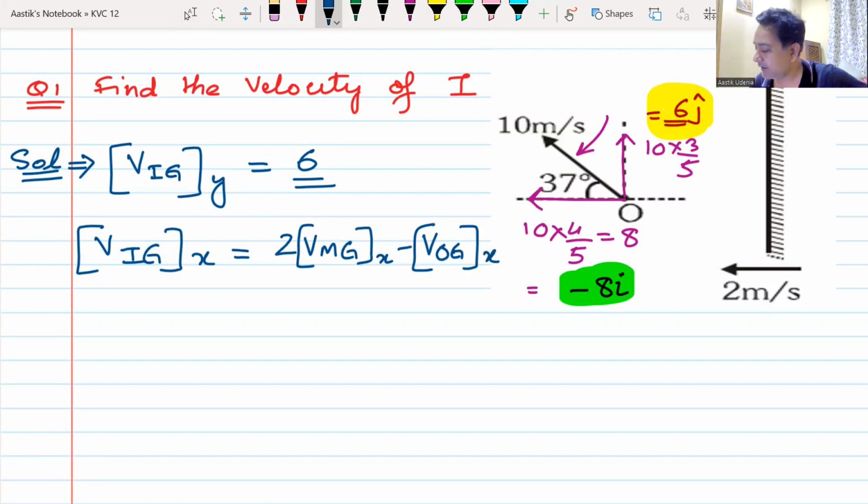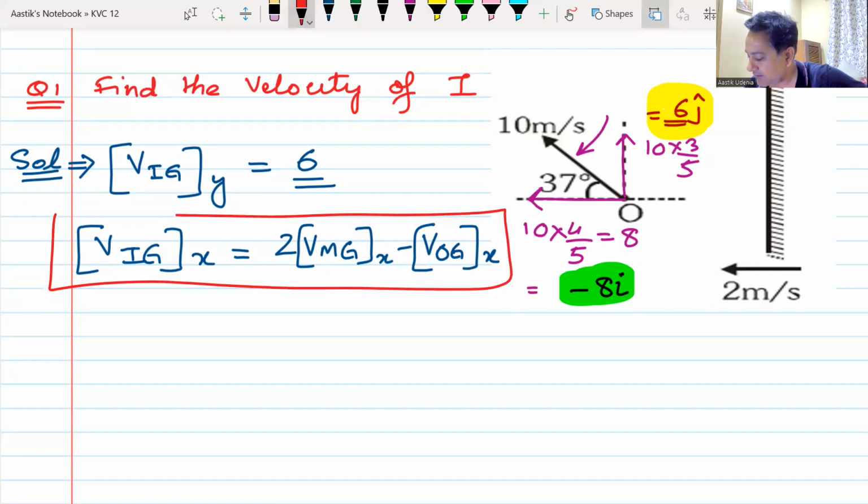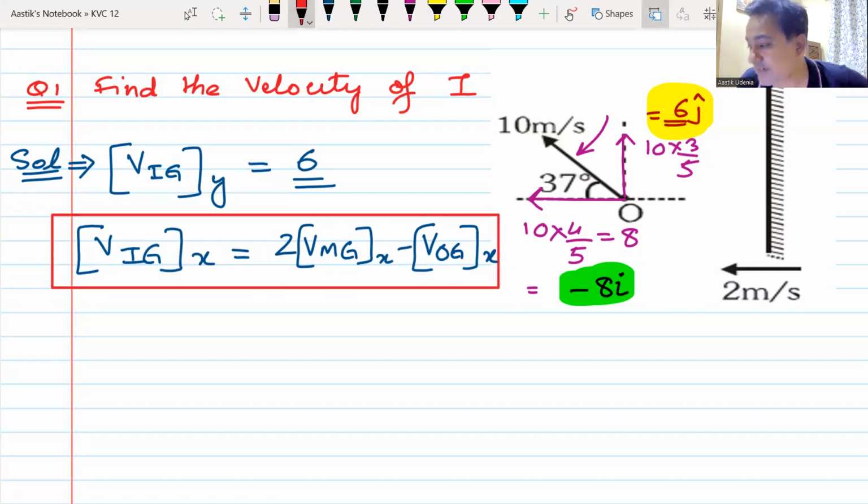Am I clear of what I have written here? Can I have some raised hand that we understand this? Oh, I can't see your raised hand. That is a problem. I hope you understand this. Yes or no? Now just put the values and get the answers.